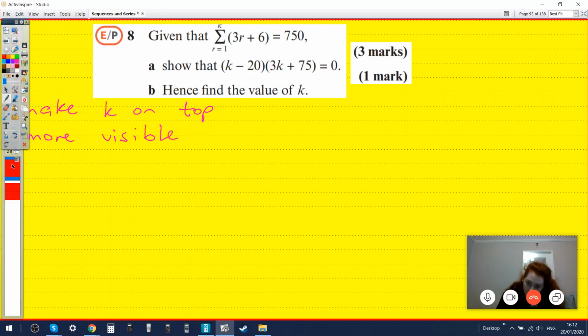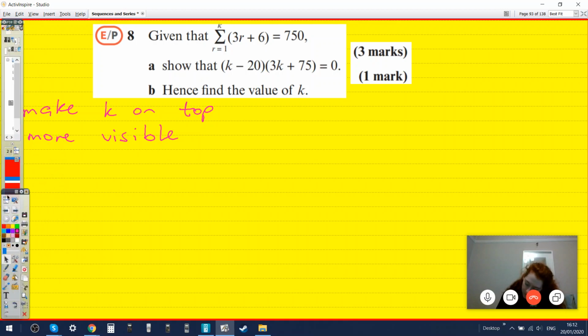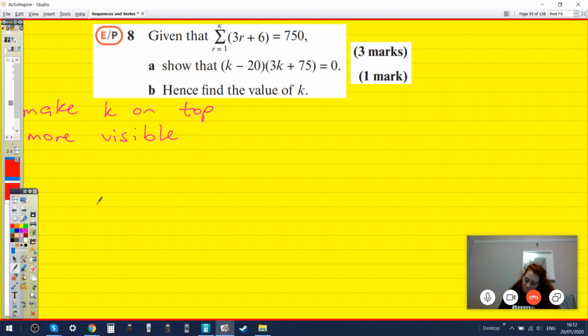Try to note to myself. So will we use the equation from before? Because we know what it equals to. Yep. The arithmetic one.